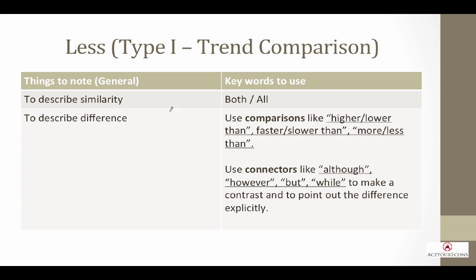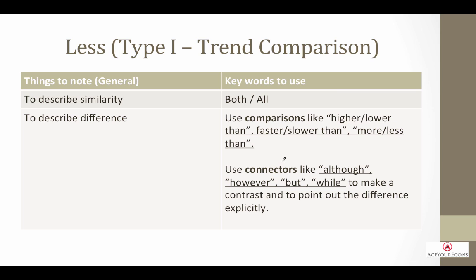To describe similarity, you will need to use keywords like both, like or. Later on I will show you how. And to describe the difference, you will need to use comparison terms like higher, lower than, faster, slower than, more or less than. And you will need to use connectors.